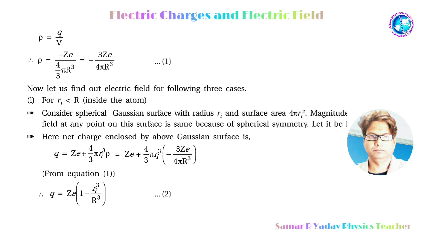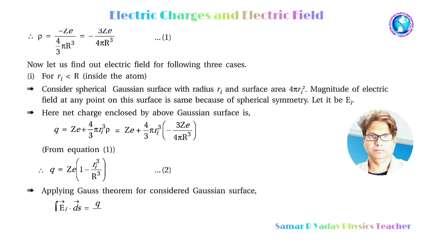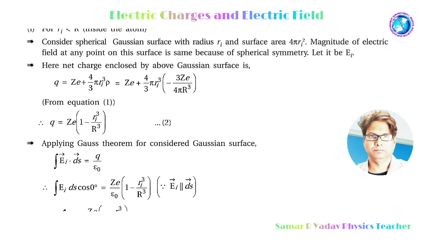Here the net charge enclosed by the above Gaussian surface is small q equal to capital Ze plus 4 by 3 pi Ri cube rho, which is capital Ze plus 4 by 3 pi Ri cube in brackets minus 3 capital Ze upon 4 pi capital R cube. From equation 1, small q is equal to capital Ze in brackets 1 minus Ri cube upon capital R cube. Equation 2.